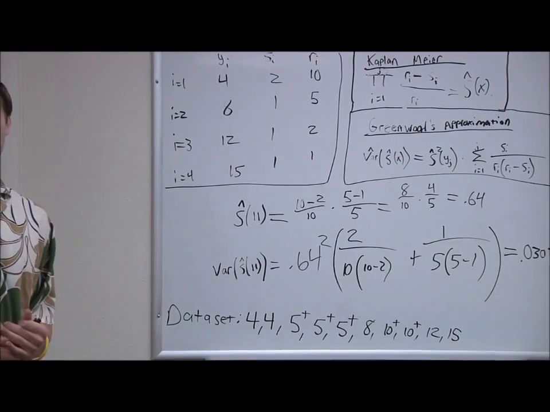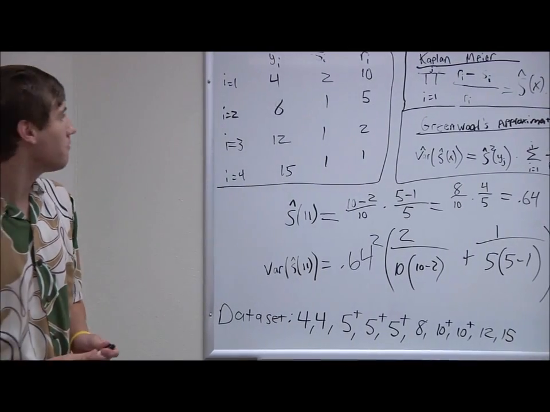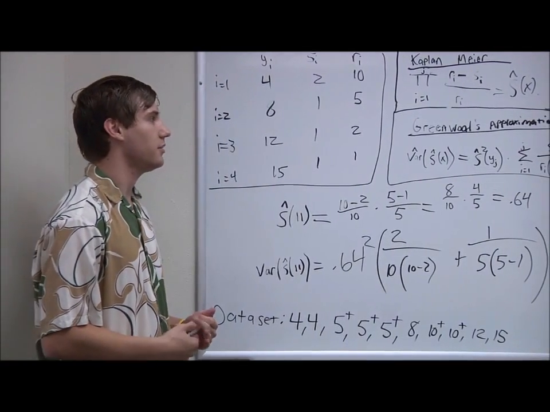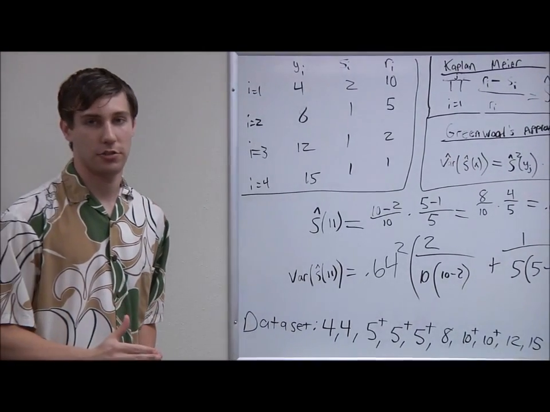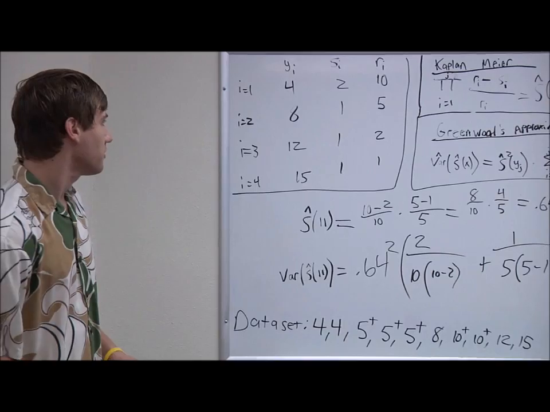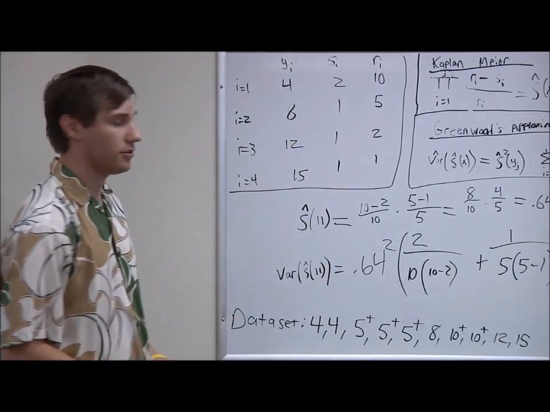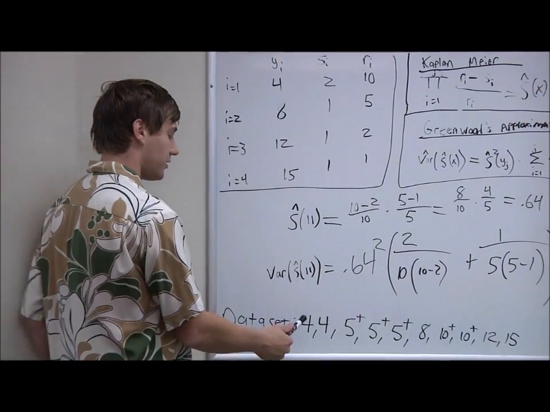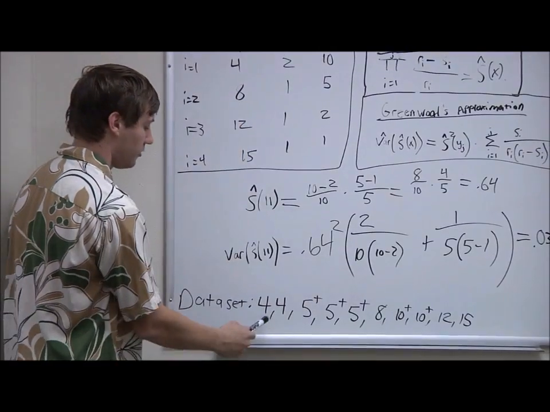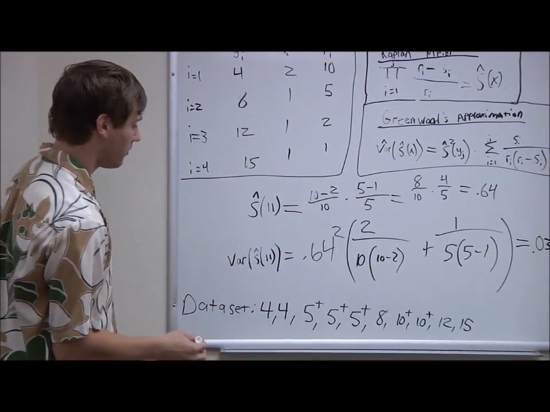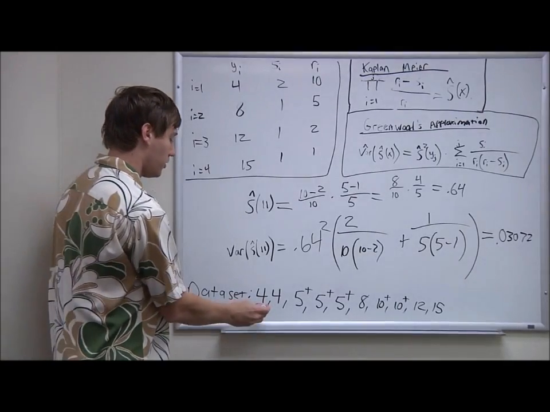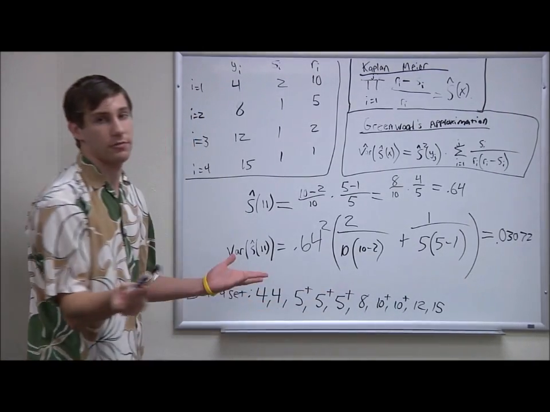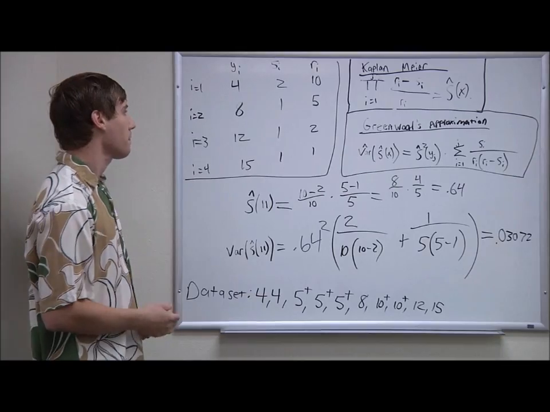And then for our R_i, which is our risk set, we count how many of the data is greater than or equal to 4, or 8, or y_i, basically. So in this example, for y equals 4, we count all of them, including the censored data. So that would be 1, 2, 3, 4, basically all of them. So that would be 10.